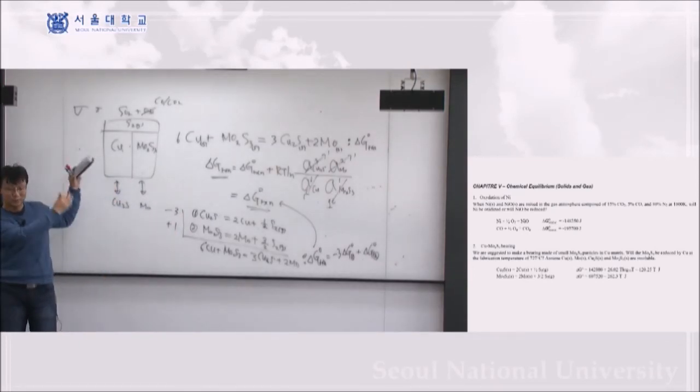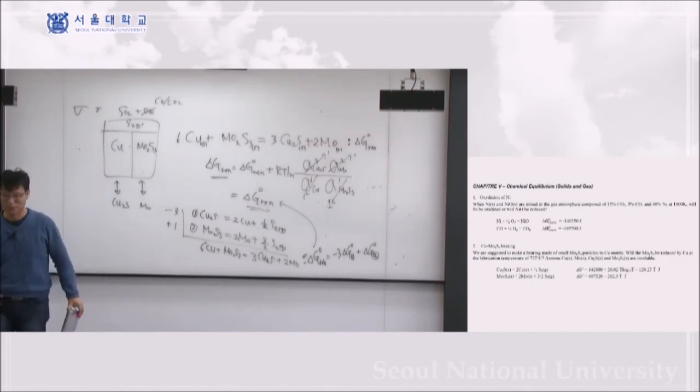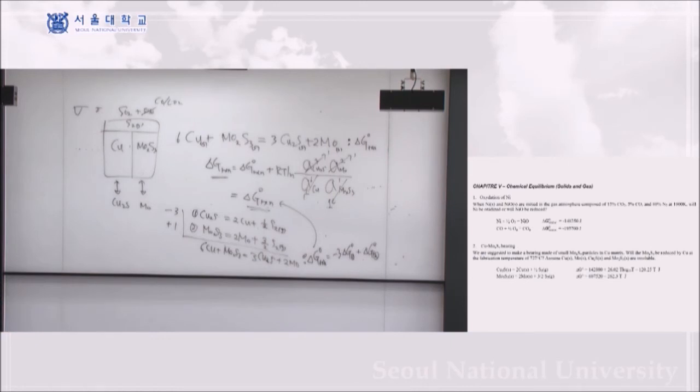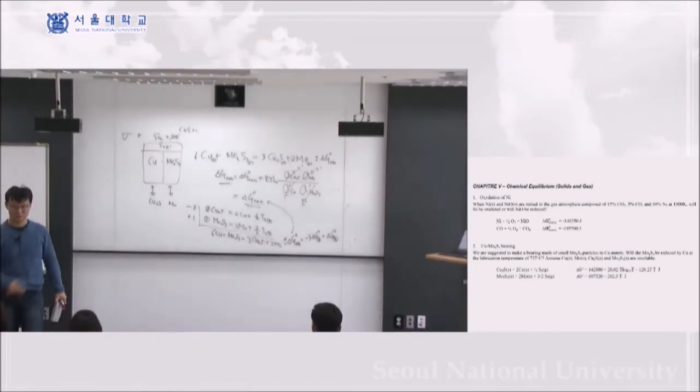I can multiply the difficulty of this problem very easily in this way. The concept is delta G: is this negative or positive? That's in the end what I want to see here.